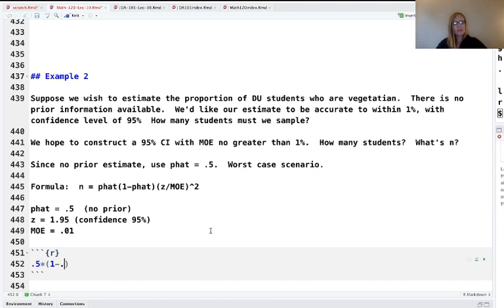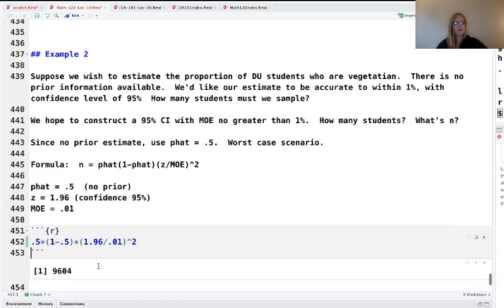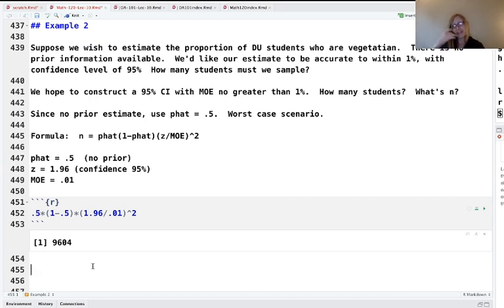Cool, that's it. Let's plug it in. 0.5 times 1 minus 0.5 times 1. Oh, I'm sorry, I said 1.95. I meant 1.96. My bad. 1.96 over 0.01 squared. Now, this is kind of bad news. Uh-oh.